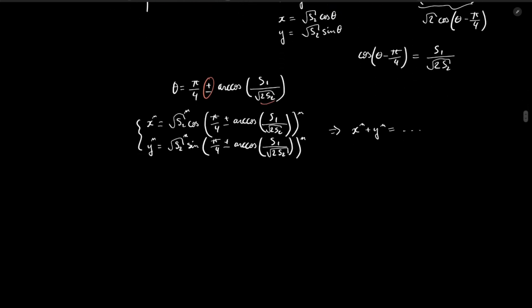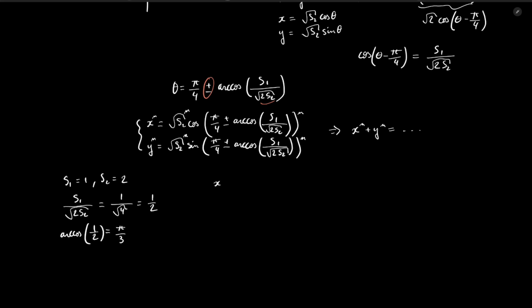So in the specific case of this video, we have S1 equal to 1, S2 equal to 2, and S1 divided by the square root of 2S2 equal to 1 divided by the square root of 4, which is equal to 1 over 2. The arc cosine of 1 over 2 is equal to pi over 3.